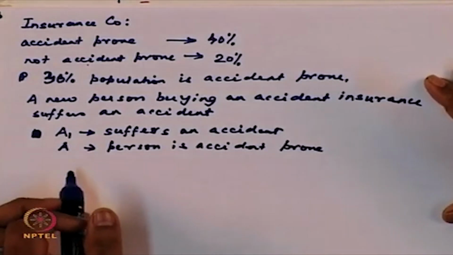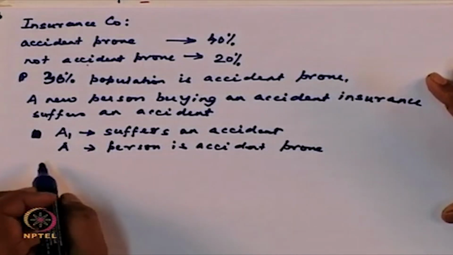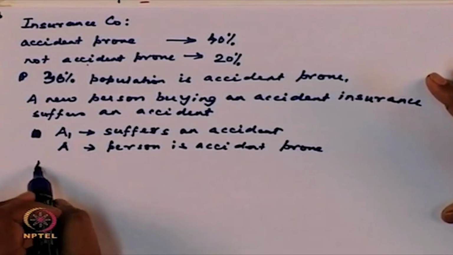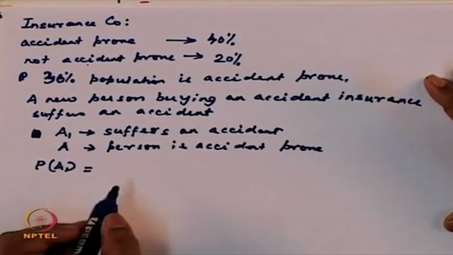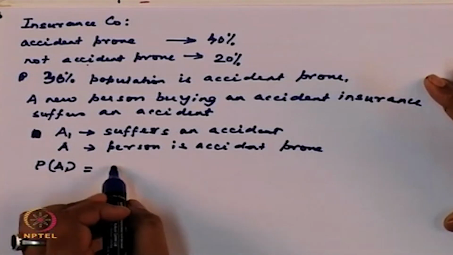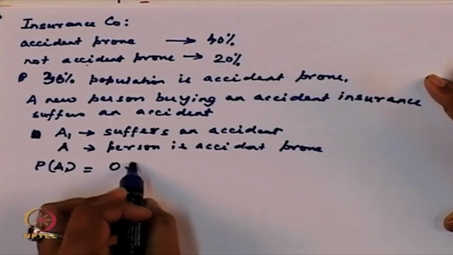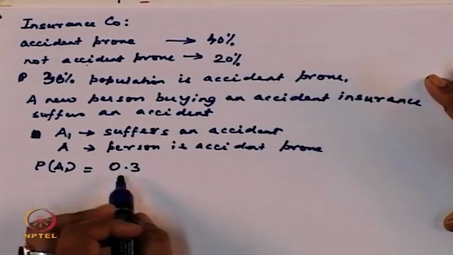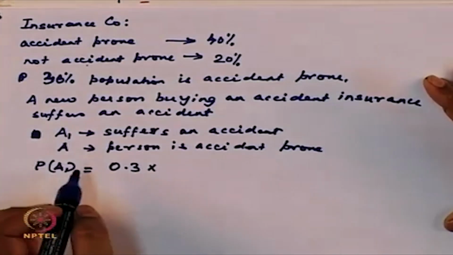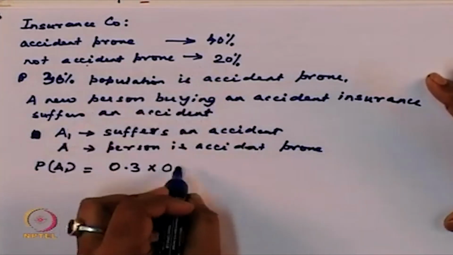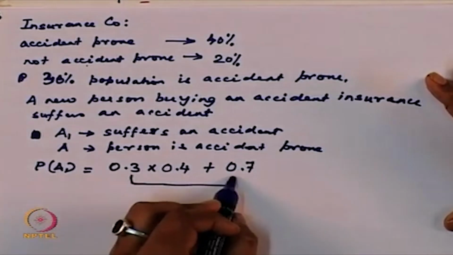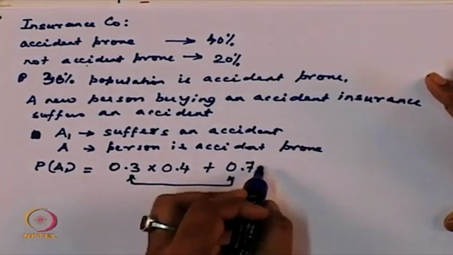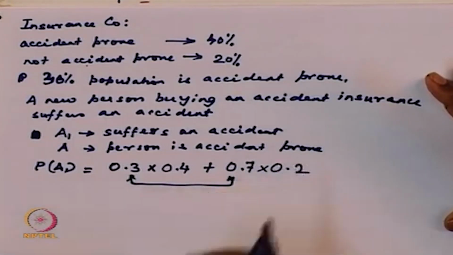So, I want to calculate the probability of A1, which I can write in terms of whether the person is accident prone. 30% of my population is accident prone, and with 0.4 probability they will have an accident, and for the remaining 70%, which are complementary events, the chance of having an accident is 0.2.